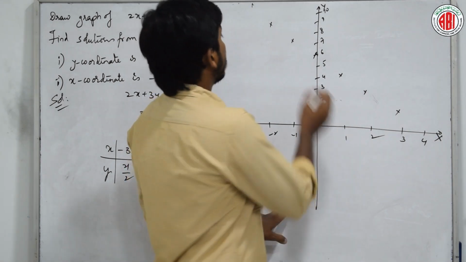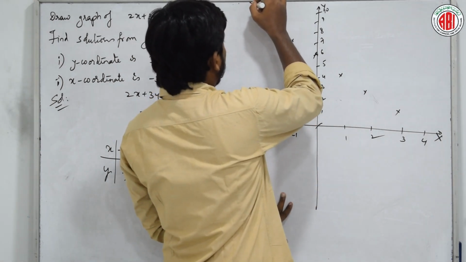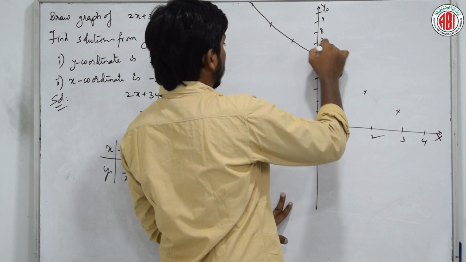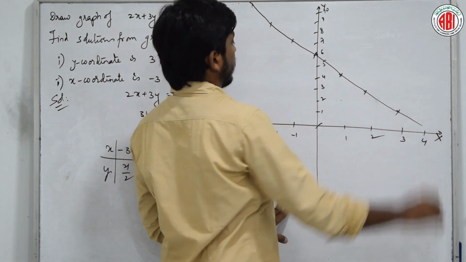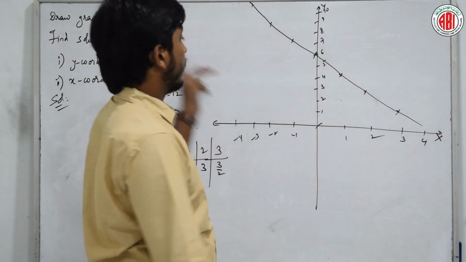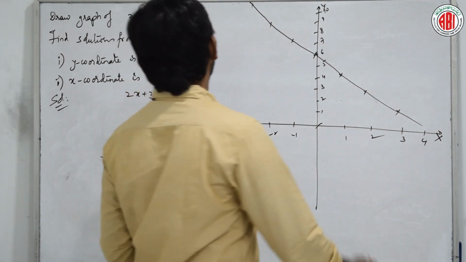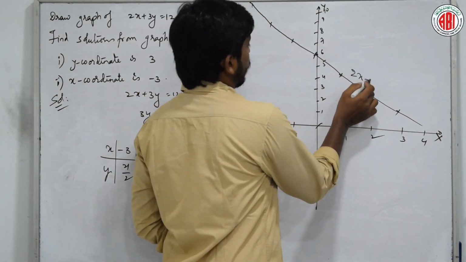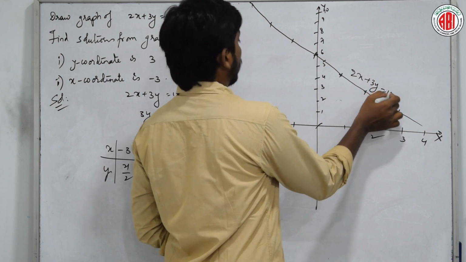Is it clear? Just draw a line touching all these. What is this line? This is 2x plus 3y equal to 12.